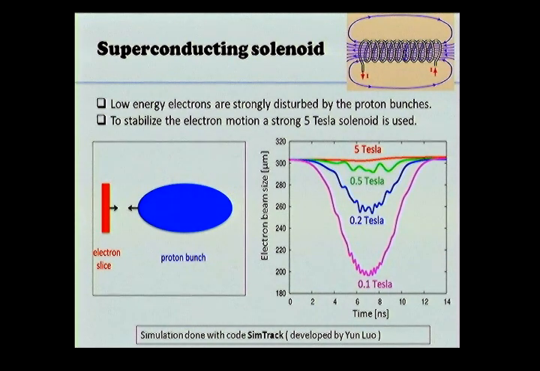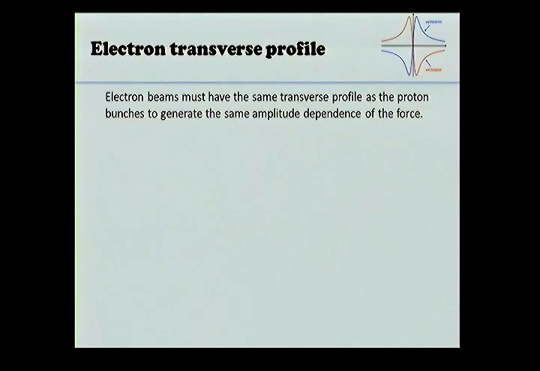From here you can see the electron beam size is reduced when the proton bunch passes by with a low magnetic field. With 5 Tesla, however, the electron beam size stays almost constant at around 300 micron. So that's why we use a superconducting solenoid.